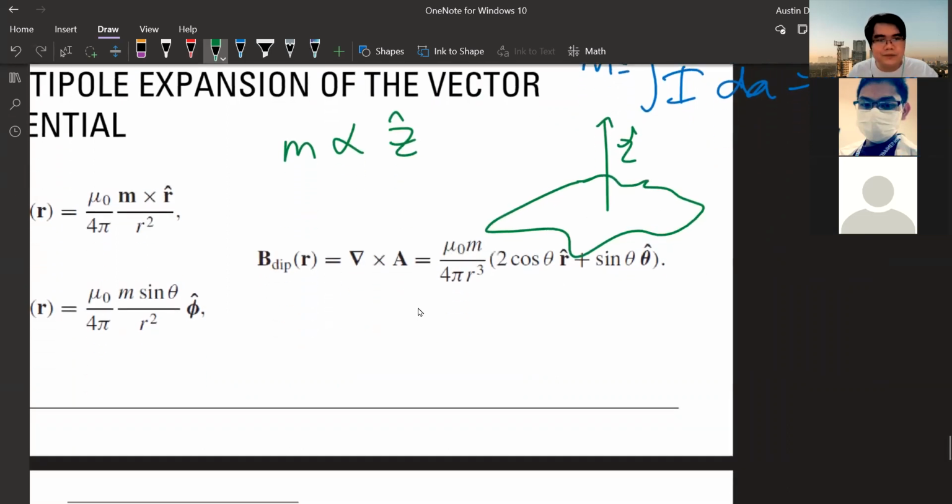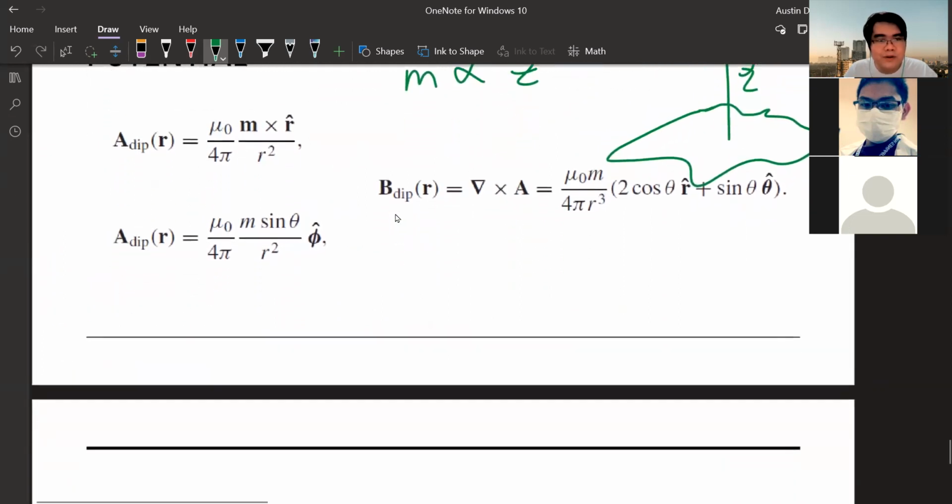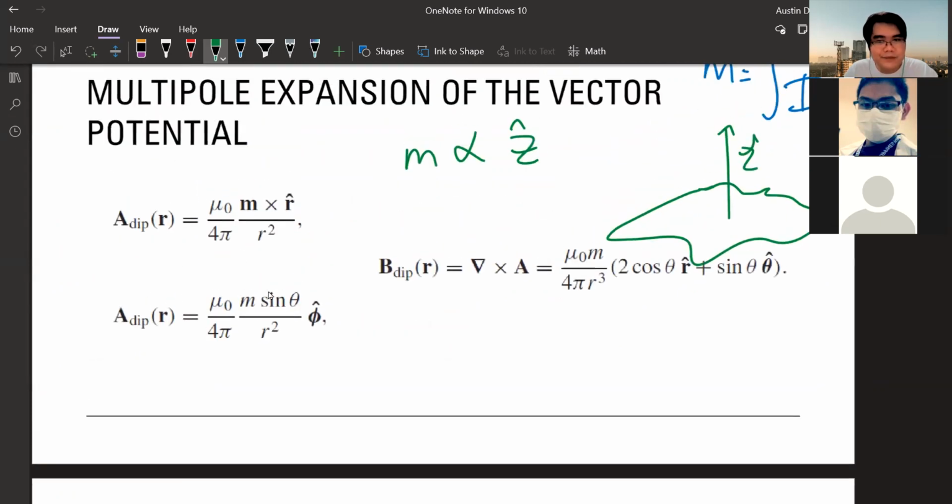Okay? So my point is that whenever you have a loop in the xy plane, it produces this magnetic vector potential. Okay?